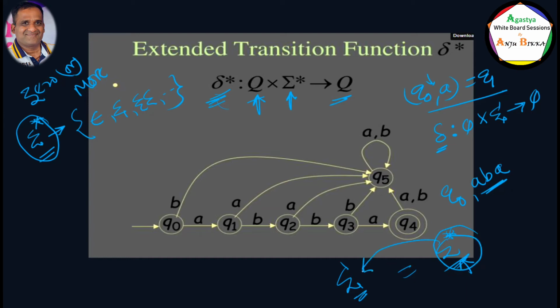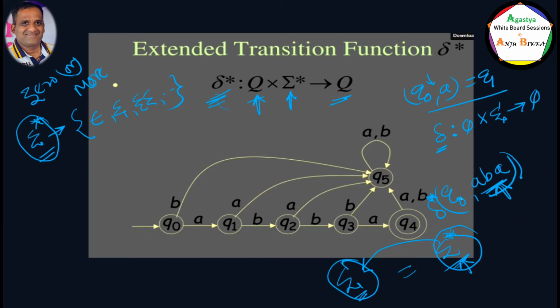Now, whenever we give a string on Q naught, we can't use delta here because this is a string. Whenever it is a string, we have to use delta star.